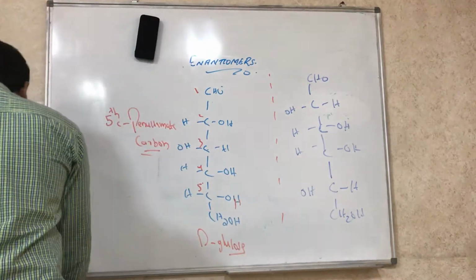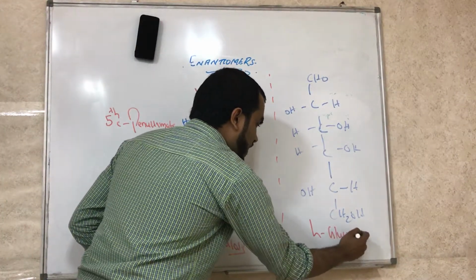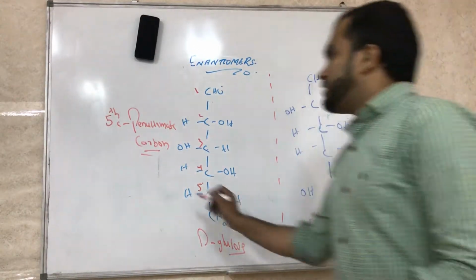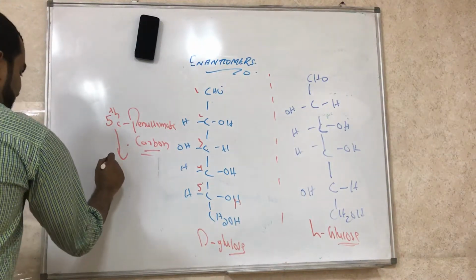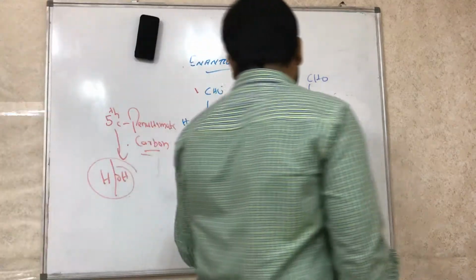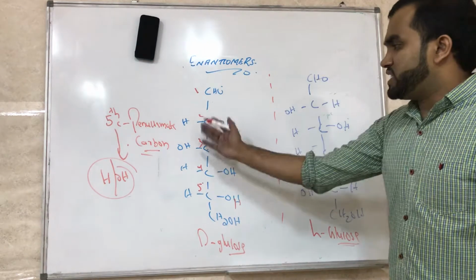At that time we call it L-glucose. So D-glucose and L-glucose are enantiomers. In the fifth position of glucose the H and OH orientation changes, and this change makes enantiomers. The best examples are D-glucose and L-glucose.